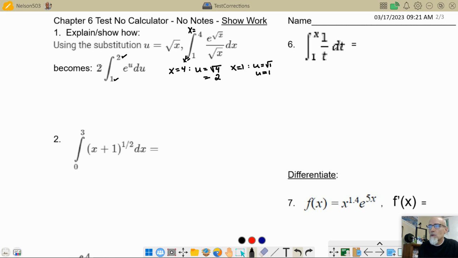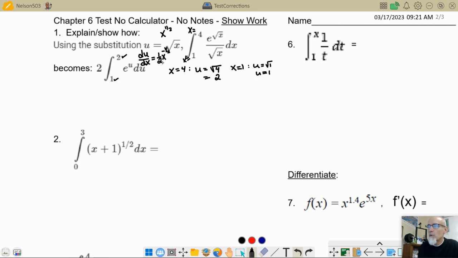Now, where does this 2 come from? Well, if u is equal to the square root of x, du/dx would equal, let's see, the square root of x is the same thing as x to the 1/2 power, and we're taking the derivative of it. The derivative power rule is bring the half down out front, so 1/2, and then we get x to the negative 1/2. You subtract 1 from the exponent.